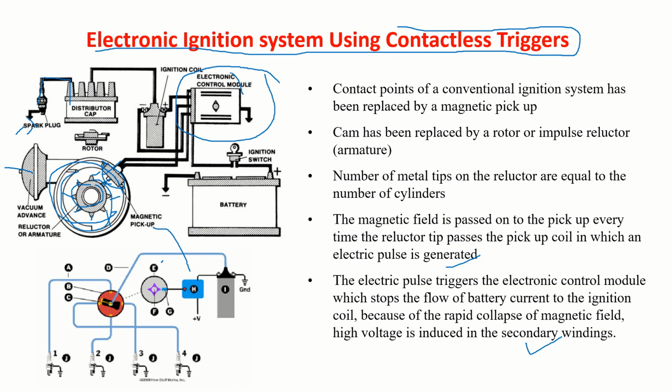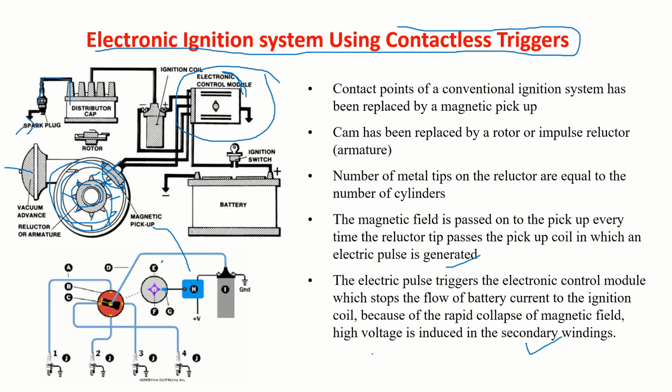Okay. So once it picks up, the flow of battery current to the ignition coil stops, and there is a rapid collapse of the magnetic field. The same thing I explained in the conventional system: magnetic collapse once the primary circuit is cut.